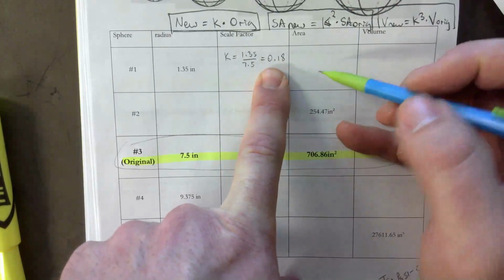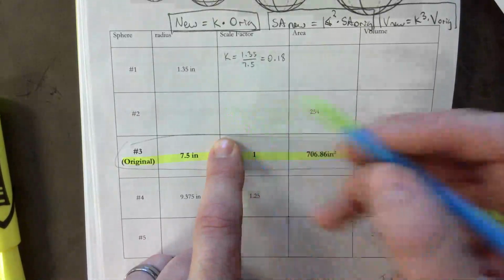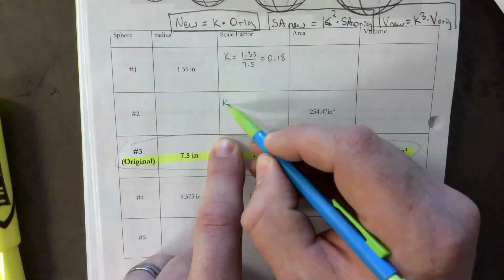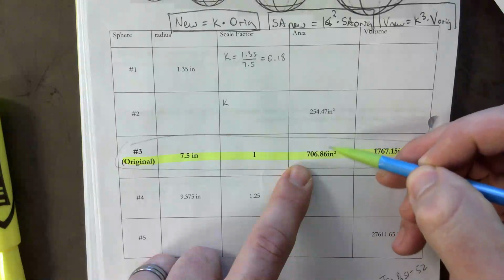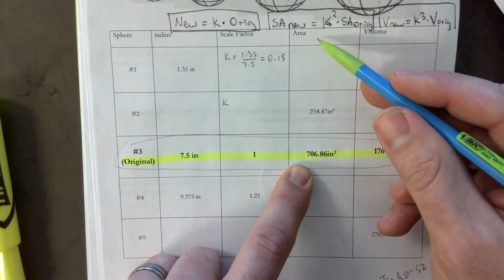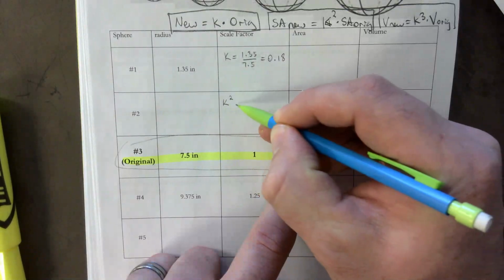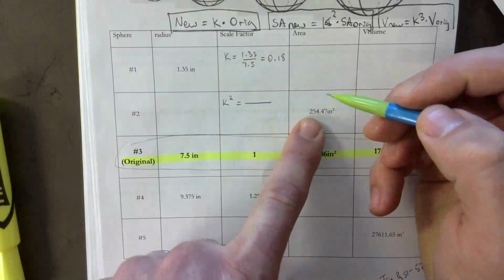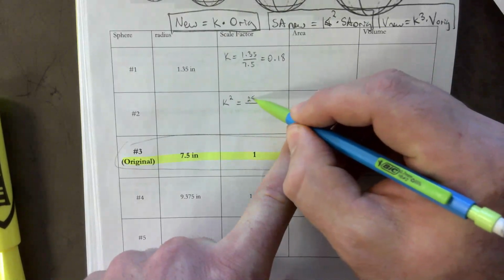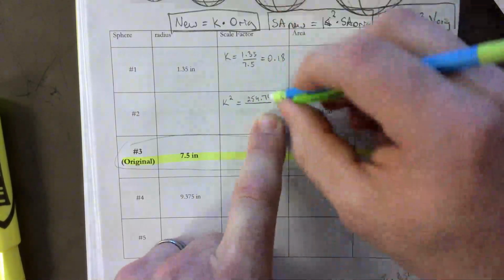Moving on. Let's do this one. How would I find the scale factor here? The only two things I have for both of them is the surface area. So I need to go K squared, correct? I hope you get that part by now. What's the new? It's 254.47. Sorry, 47. My bad.